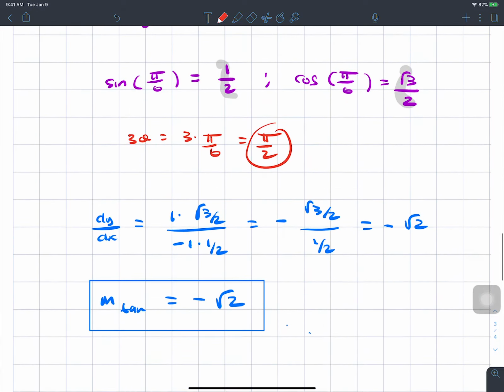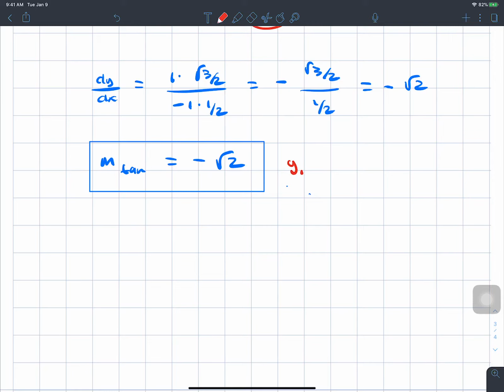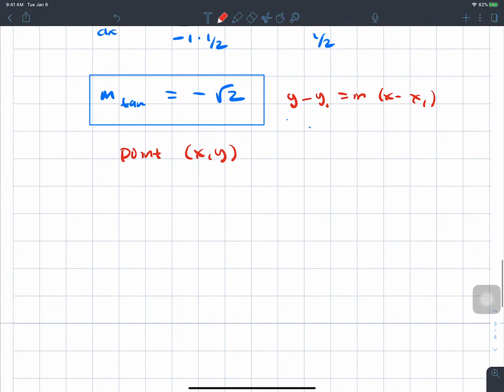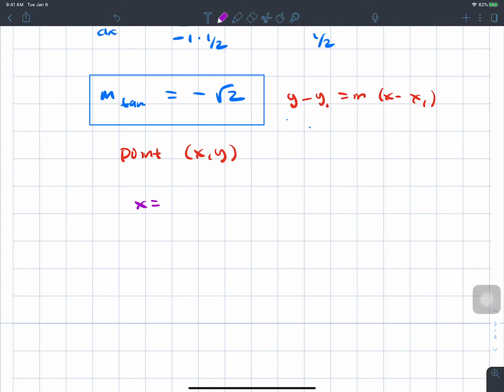Just to remark about this thing called a point, in the equation of the line tangent to the curve, y minus y1 equals m times x minus x1, when they're saying point, very often they're referring to this rectangular coordinate. And then you'd have to actually convert. This is x equals r cosine theta, and y equals r sine theta.